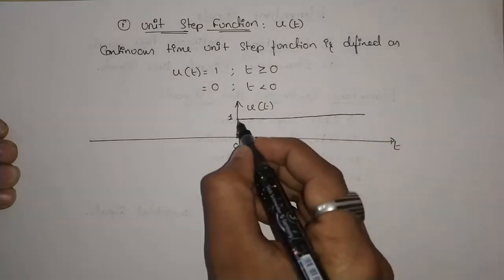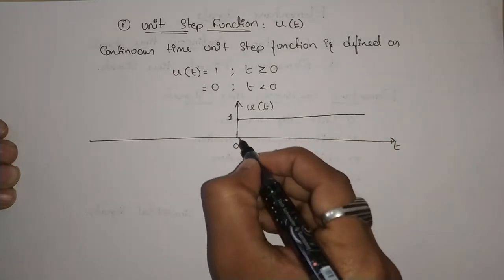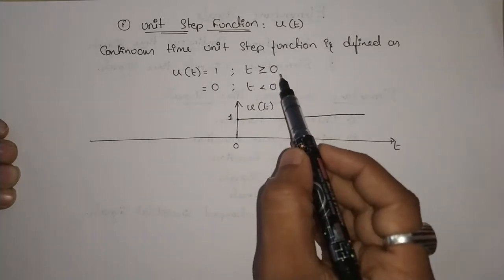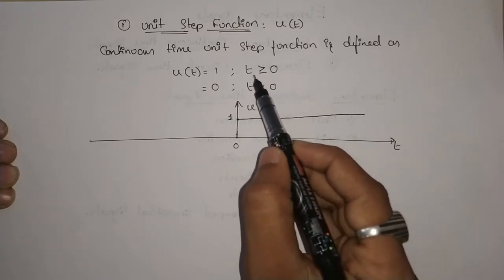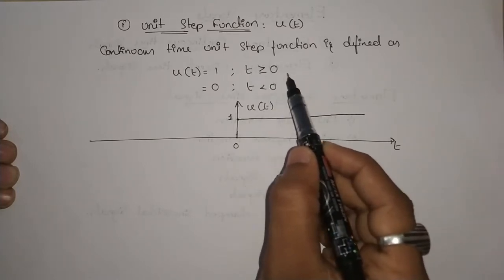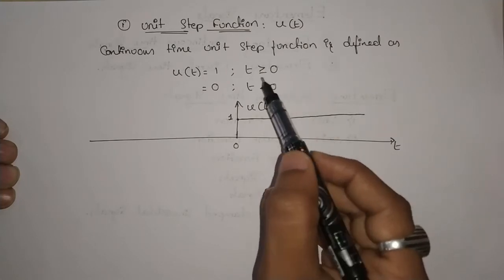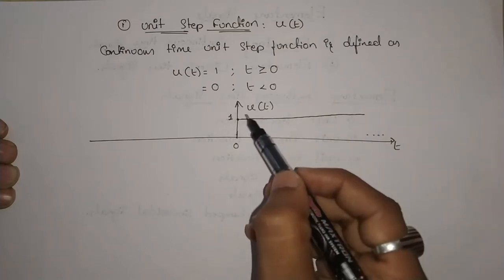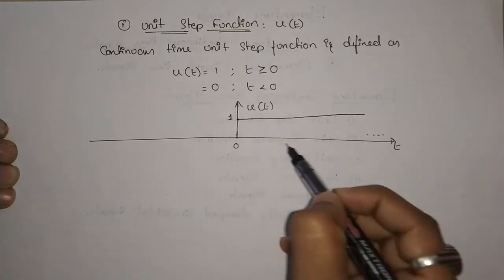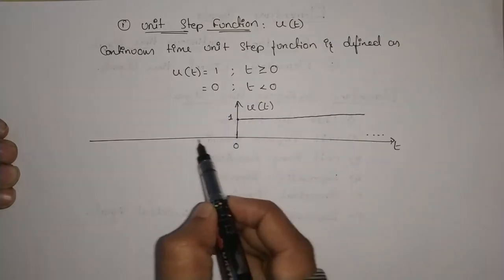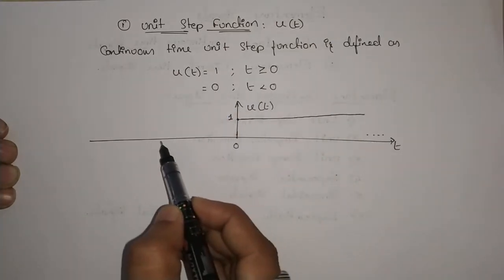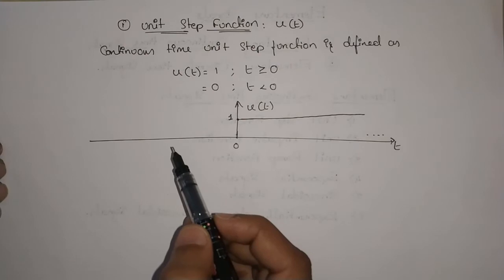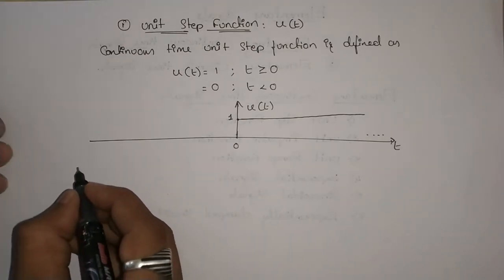It's a constant, flat line starting at t equal to 0 and going till infinity, since it is not telling where to stop. For t less than 0, the u of t value is 0.